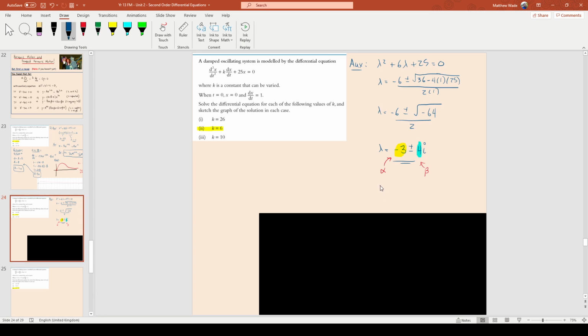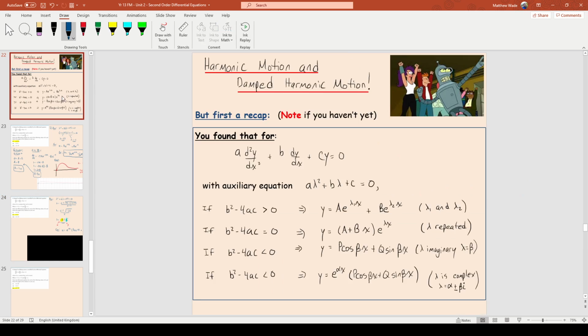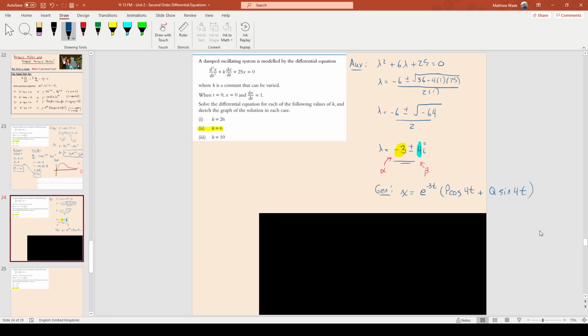Our general form is going to be x equals, because x is our dependent variable again, e to the minus 3t, open bracket, p cos 4t plus q sine 4t. I think the cos goes before the sine, yeah, it does. Brilliant. Okay, and that's what we got. So there's our general solution.